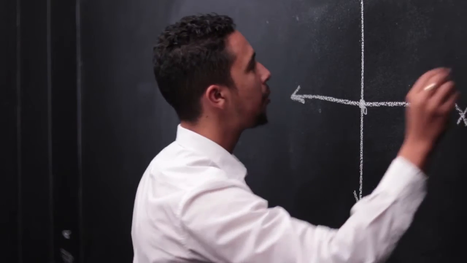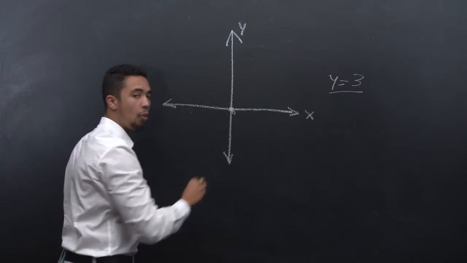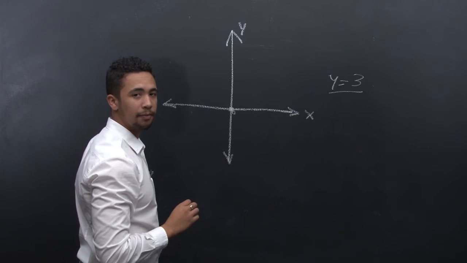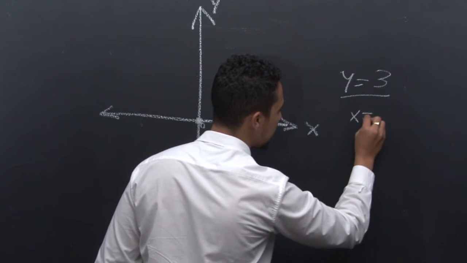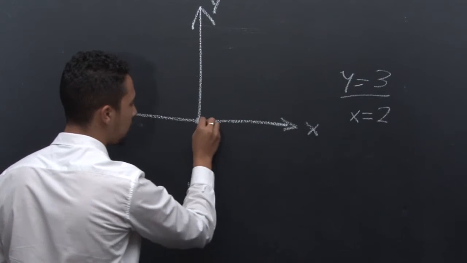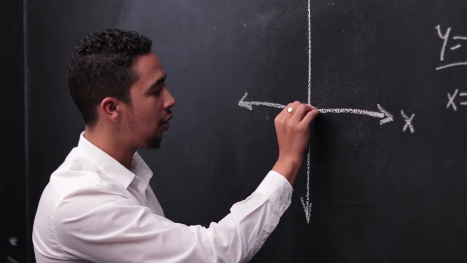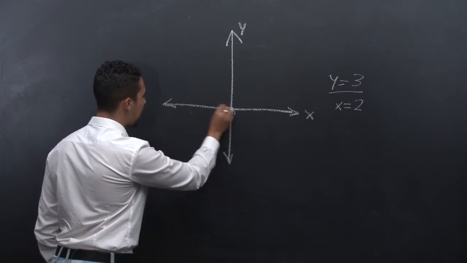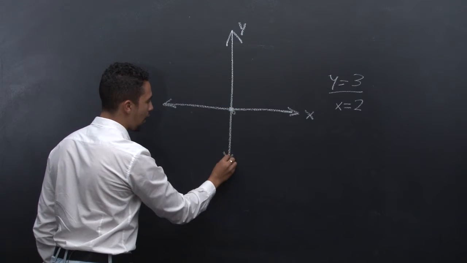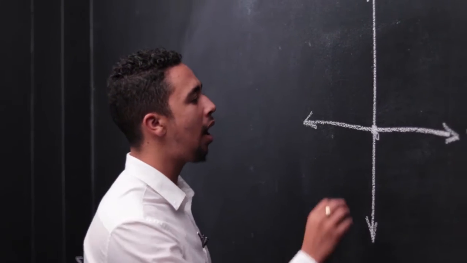This point will be plotted here, because this is where our values for y is positive. If we have a value like x is equal to 2, this is where we'll plot it, because this is where x is positive. So, as you guessed it, this is where x is negative, and this is where y is negative.